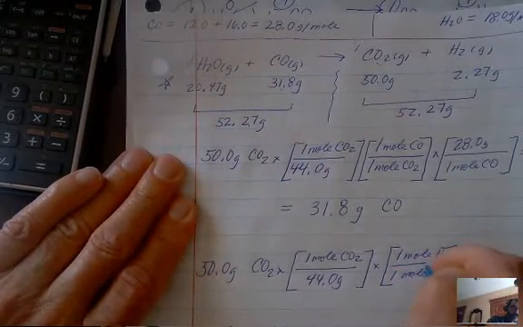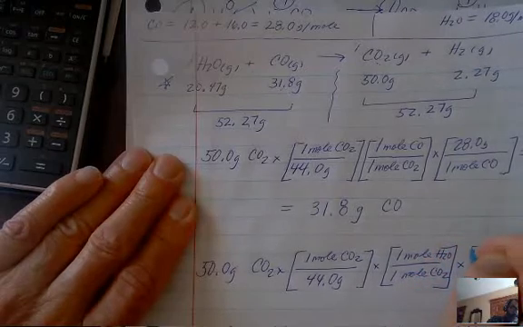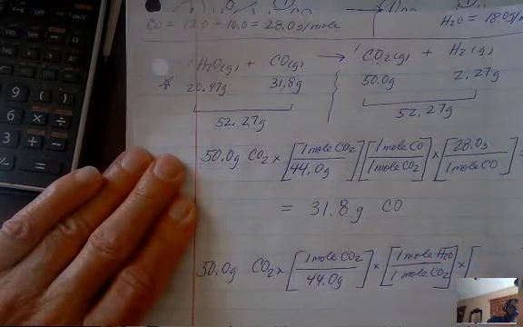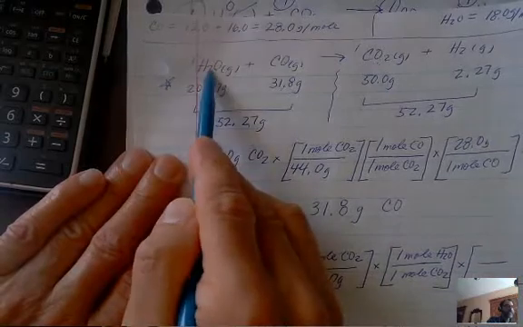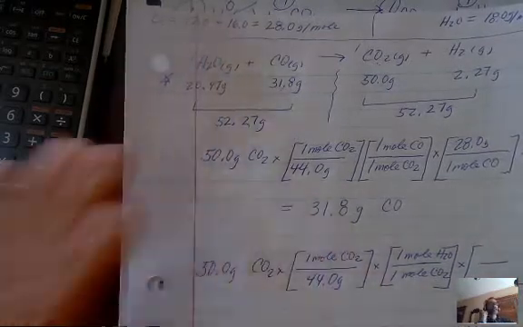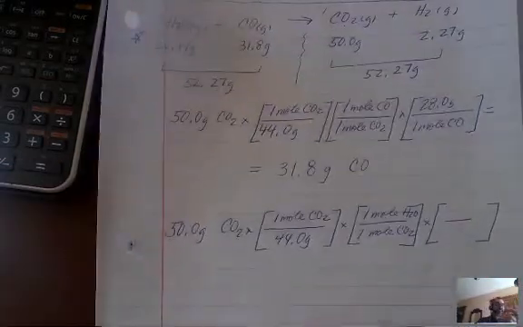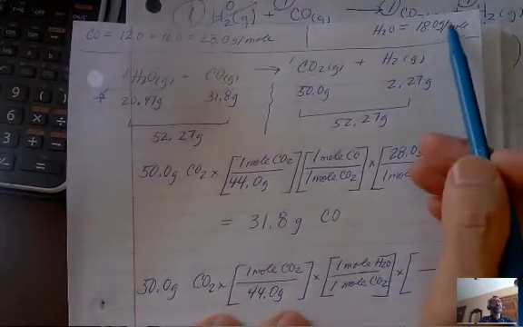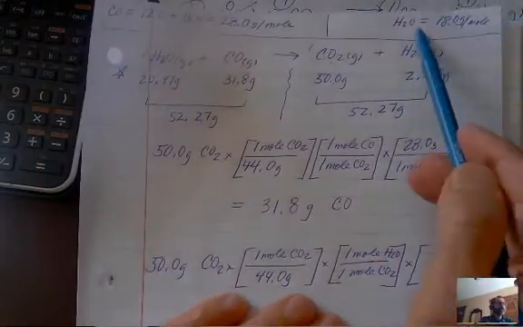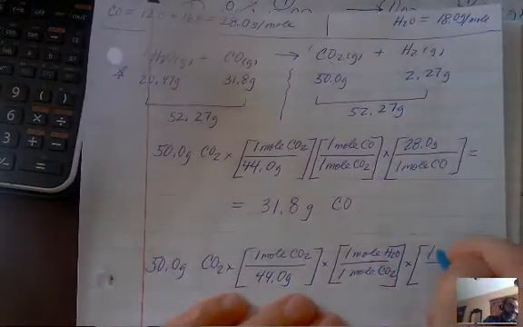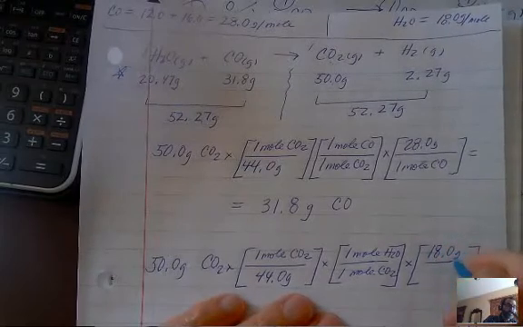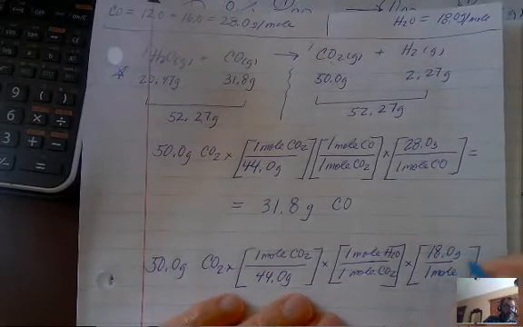The water goes in the numerator because that's the thing I'm interested in. I'm interested in calculating how much of this must have originally been there. Last step, here's our magic number for water, 18. 16 plus 2 is 18, goes in the numerator. 18 grams make 1 mole of water.